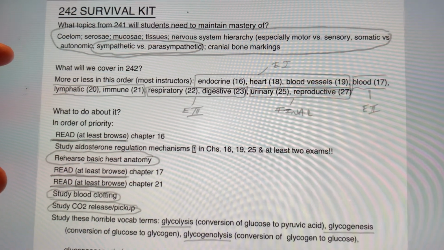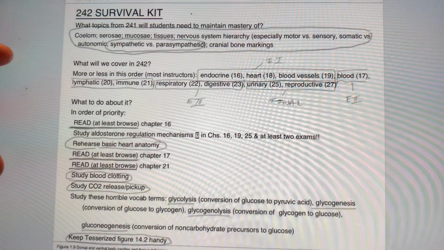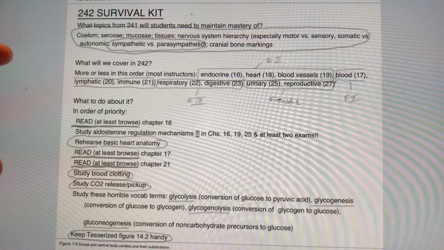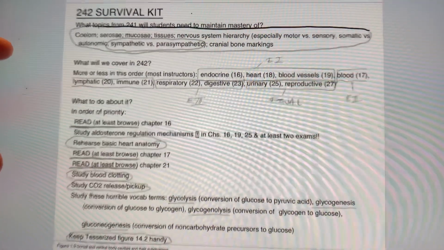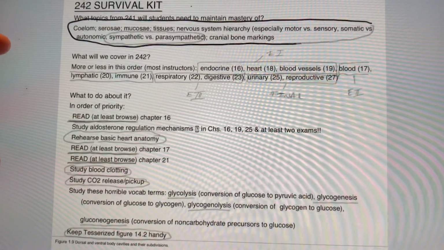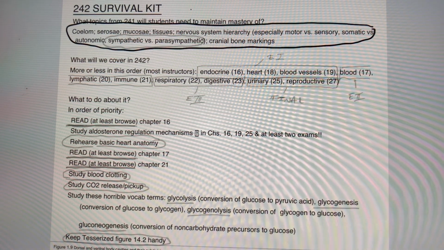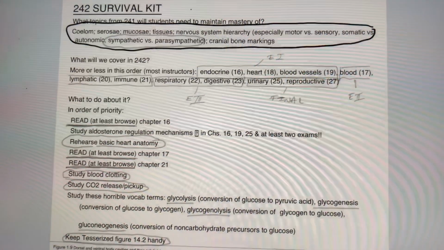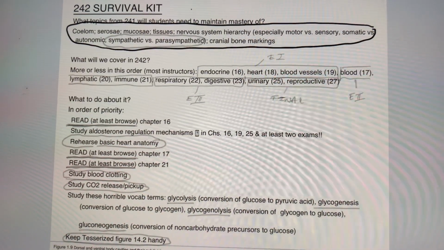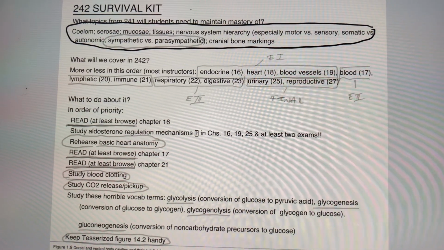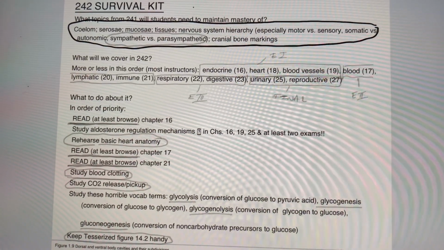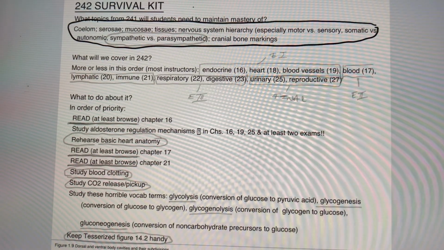Some of the chief concerns that I have are listed here on this first slide, because not all 241 instructors emphasize the same material or emphasize the same material for the same duration.